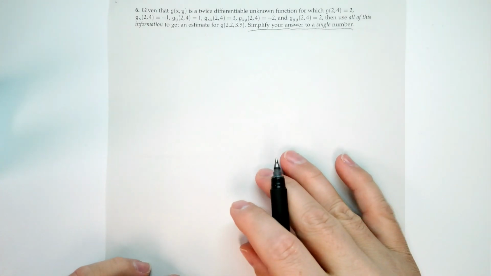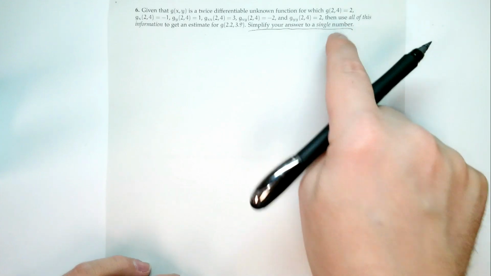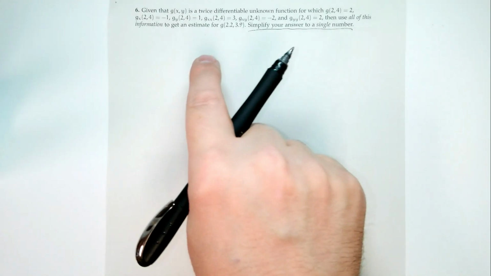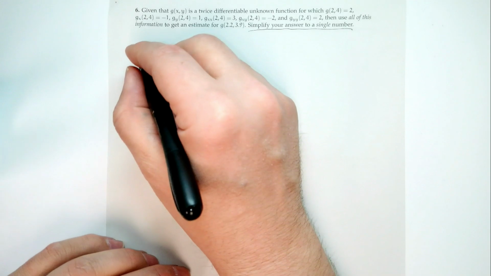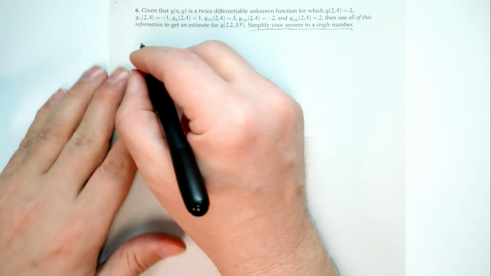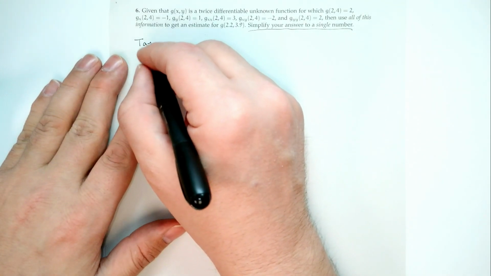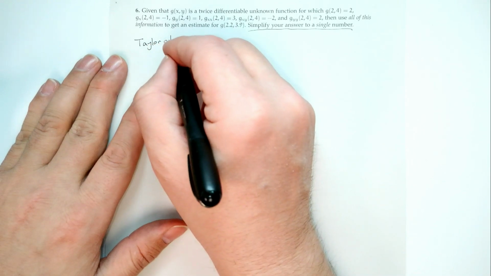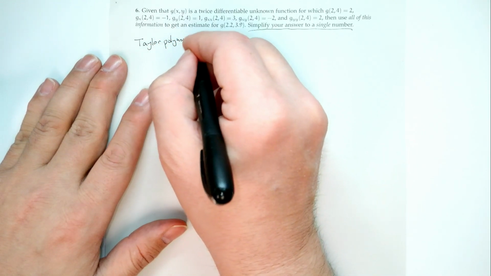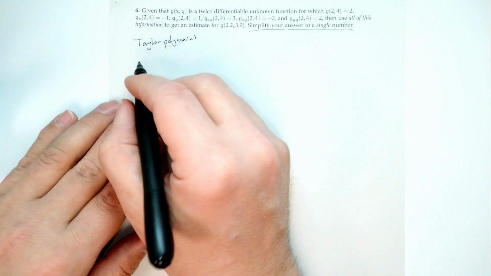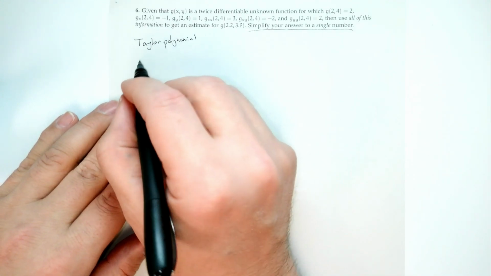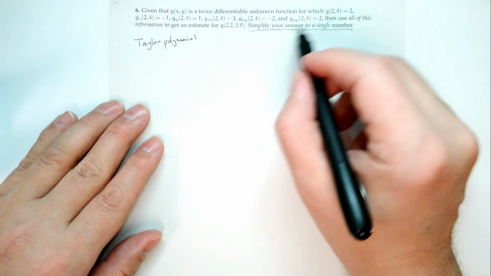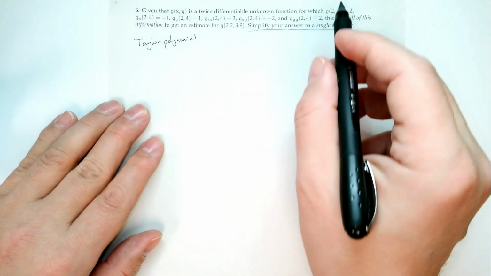Now let's think about this. We have to use all the information. Well, what kind of thing uses all the information about the function, the first, and the second derivatives at a point? The thing that uses all the information is a Taylor polynomial. Aha! So, what does that say? Our point is 2, 4, because that's where all our information is.